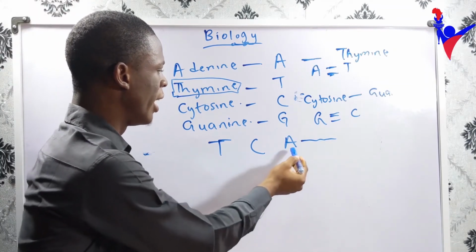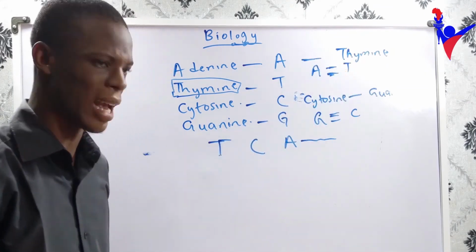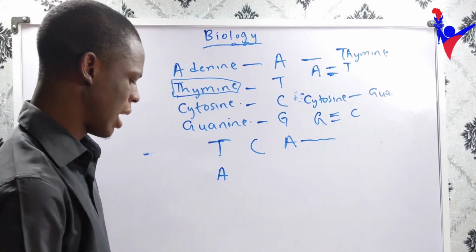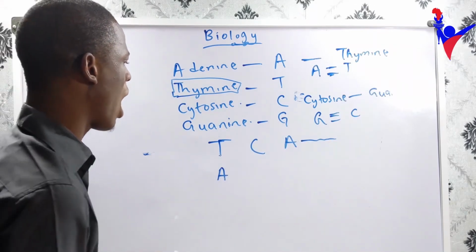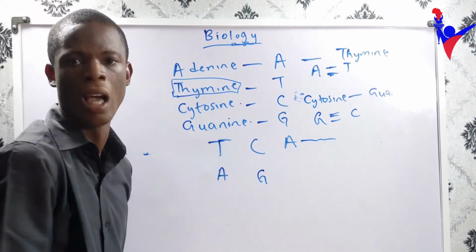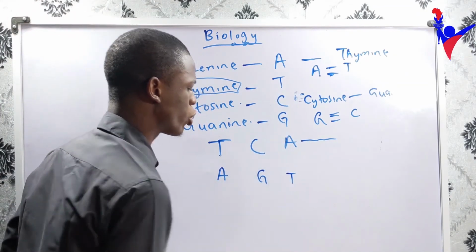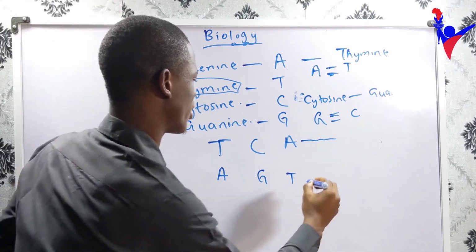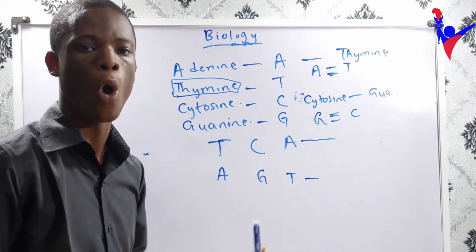Since T will always join to A, the complementary base of T is A. Since C will always bond with G, the complementary base of C is G. And since A will always bind with thymine, the complementary base of A is T. So the new strand in this DNA sequence is AGT.